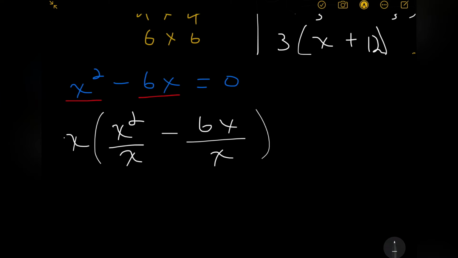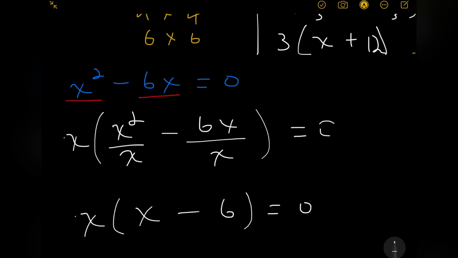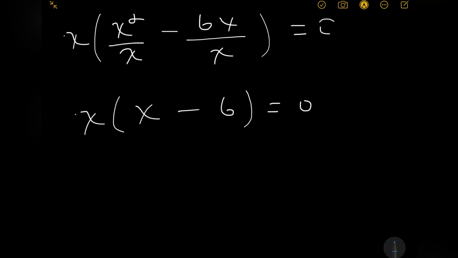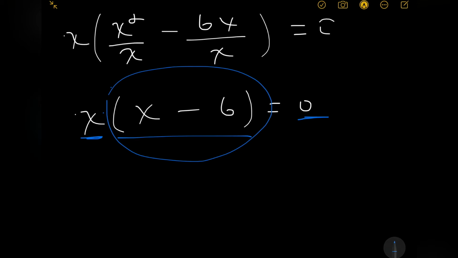And when we do our division here, we'd end up with x times x minus 6. And remember that it's equal to 0. We're multiplying the x here times this, and it's equal to 0. So that simply means that either all of this is equal to 0 or x is equal to 0.